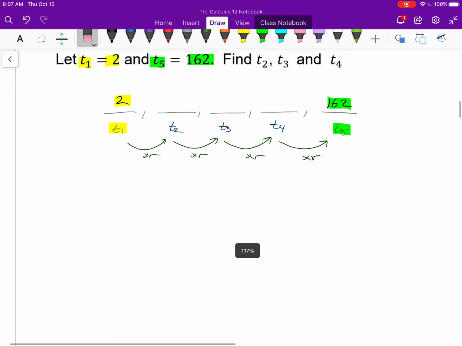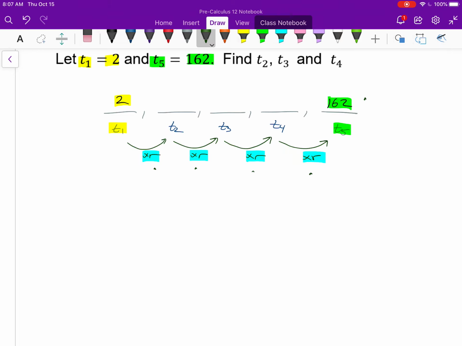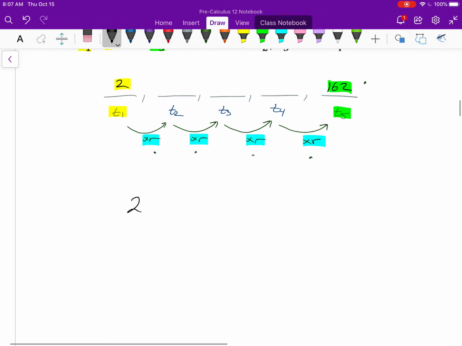In this case, I'm not going to use one to find these middle terms, because the main thing here is I want to figure out this common ratio. And I don't need a formula for that. I can just literally see that if I take 2 and multiply by R 1, 2, 3, 4 times, it'll equal 162. So why don't I just write that down? If I take 2 and multiply by R 4 times, I know that must equal 162.